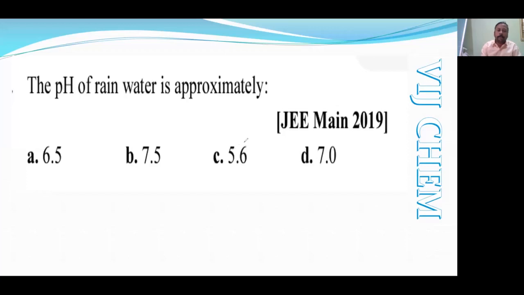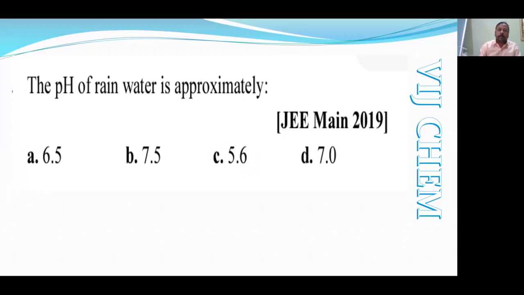Have you ever heard of it? Acid rain. So acid means it should be less than 7 and it is approximately 5.6. This is clearly given in NCERT. It is not out of the syllabus. It is not a much difficult question, but you should remember.